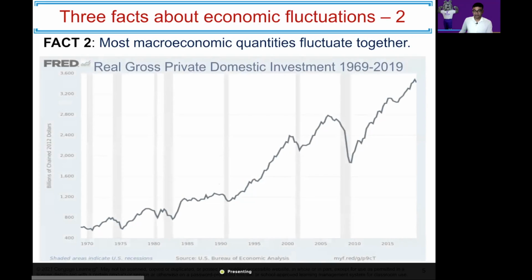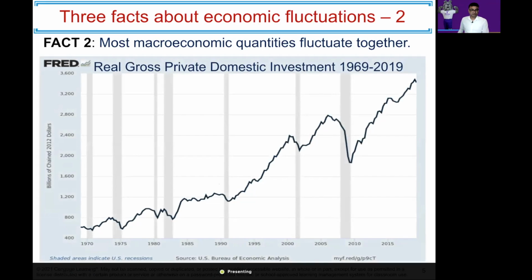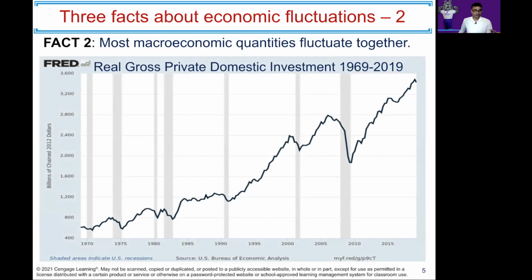Okay, so this is not only for investment or GDP. This is true of other variables as well.